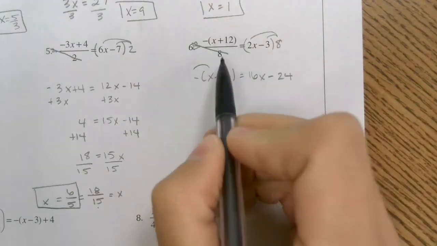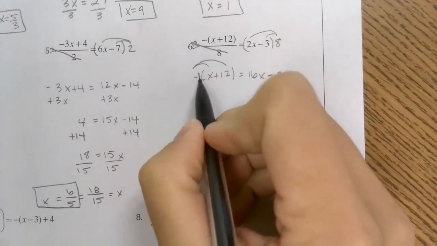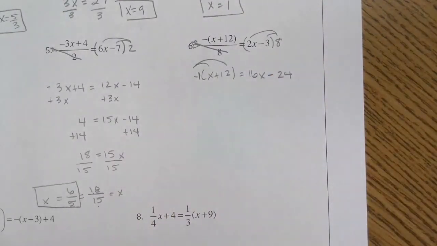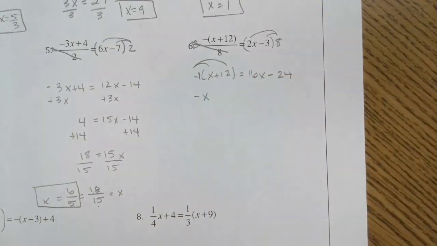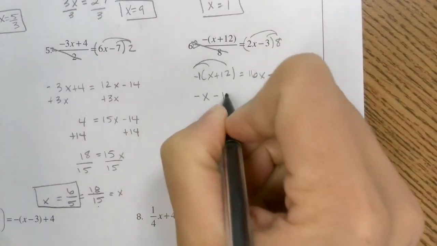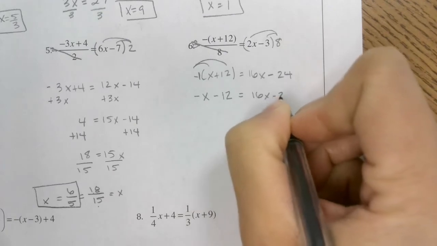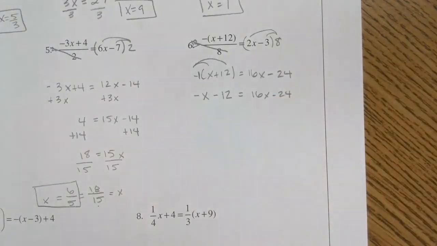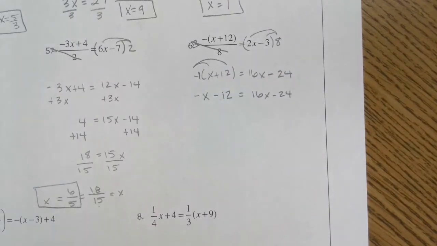So we're actually going to take this negative and distribute it. And you can think of this like a negative 1. If the negative doesn't help you, think about it as a negative 1. So we would have negative x, or negative 1x, minus 12. If you notice, what actually happened here is it just flipped the signs for the x and the 12. So they became negative.